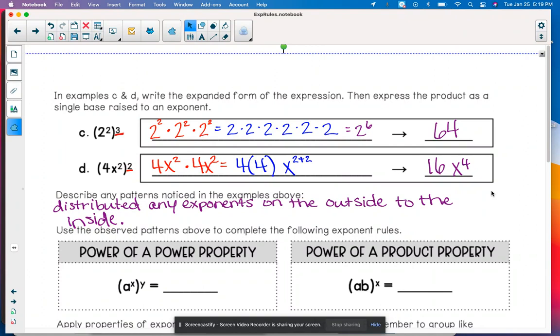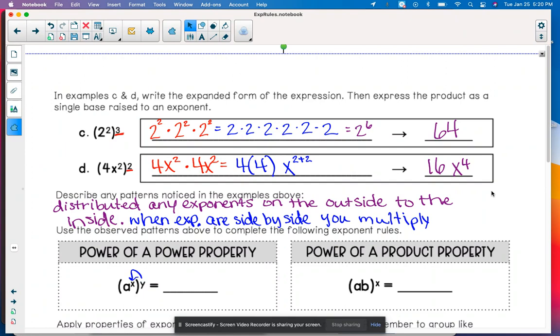So the main thing, I'm about to write it in blue. When exponents are side by side, you multiply. So the first one, if we have a power of a power property, we just multiply the exponents.